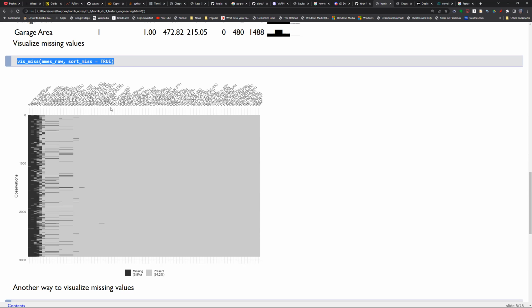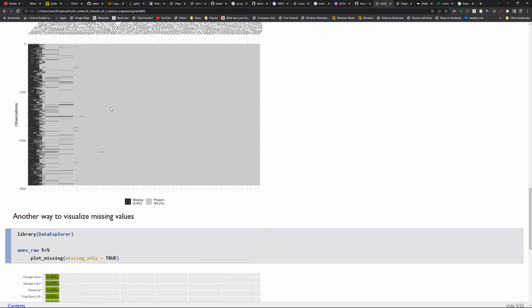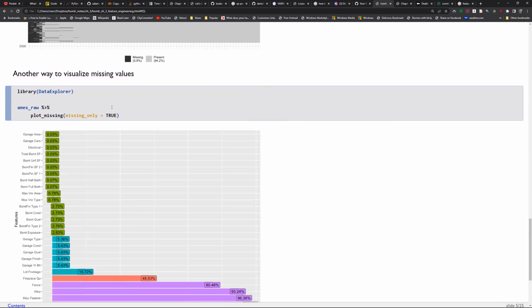Okay, but there's another package that will give you more insight. In this case, more insight when you have a lot of variables with missing values. This one is called DataExplorer. Okay, and the function is plot_missing with missing_only true. In other words, we're going to see only the variables or the columns that have some missing values and the percentage.